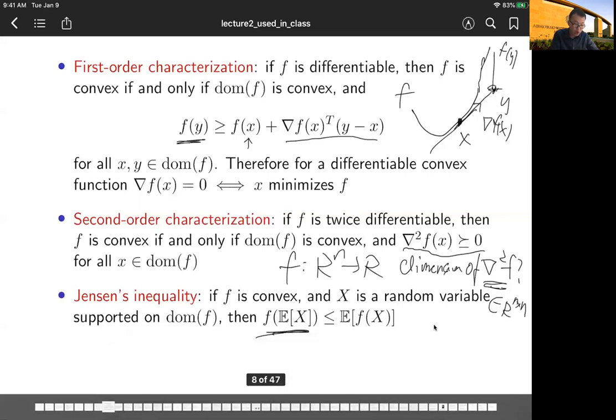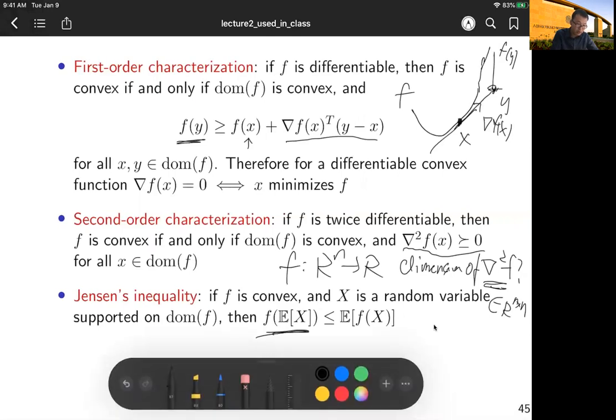I basically draw a convex function and then take a linear interpolation of it. The top line is the expectation of f of x, and the bottom location is the expectation of x, so the bottom is f of the expectation of x.